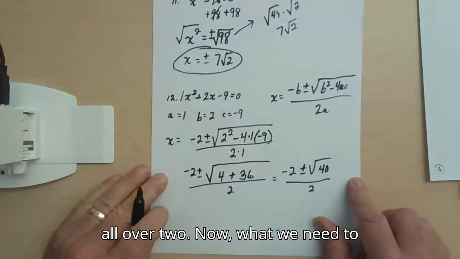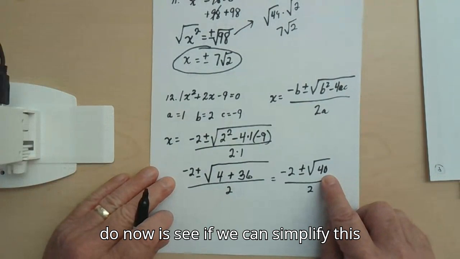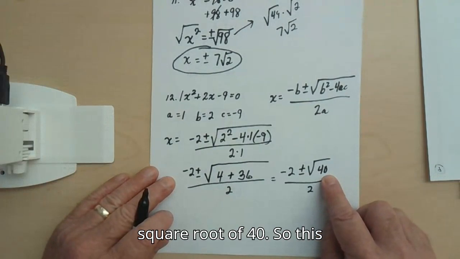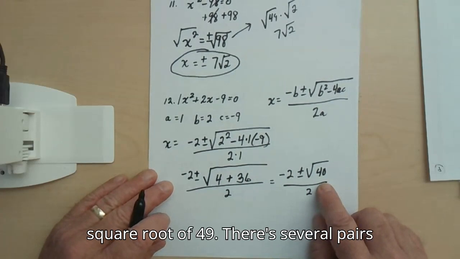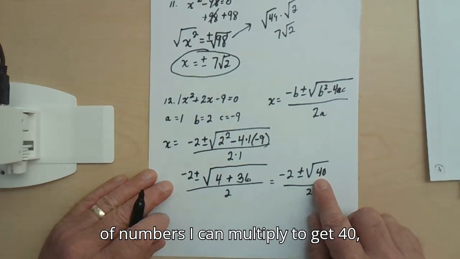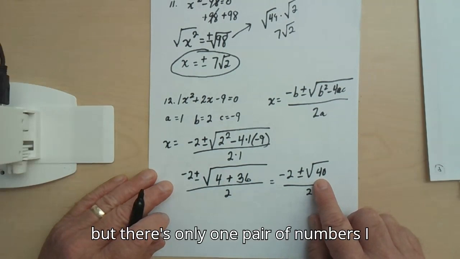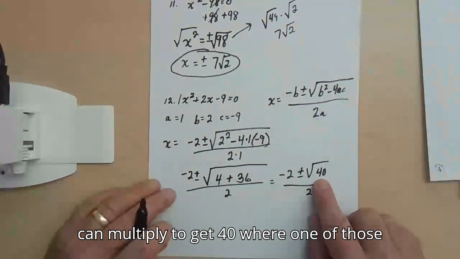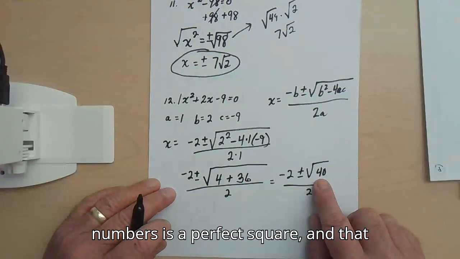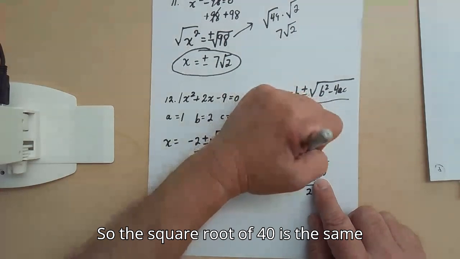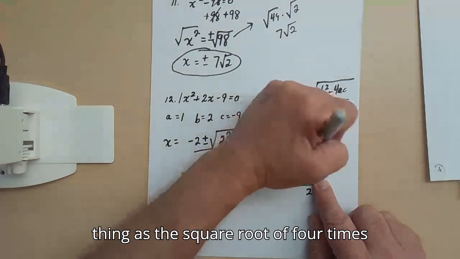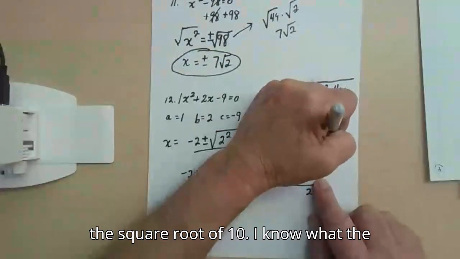Now, what we need to do now is see if we can simplify this square root of 40. So this is real similar to what we did with that square root of 49. There's several pairs of numbers I can multiply to get 40, but there's only one pair where one of those numbers is a perfect square, and that would be 4 times 10. Do y'all agree? So the square root of 40 is the same thing as the square root of 4 times the square root of 10.